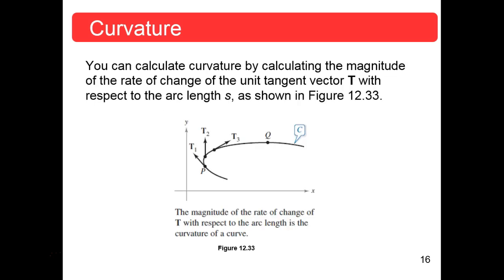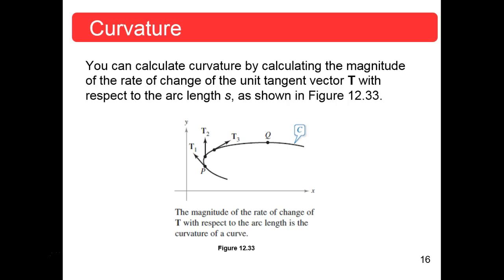Now, you can calculate curvature by calculating the magnitude of the rate of change of the unit tangent vector, capital T. The unit tangent vector, capital T. How fast is that changing? The unit vector is not changing its length at all, so all of its change would be relative to direction, okay?